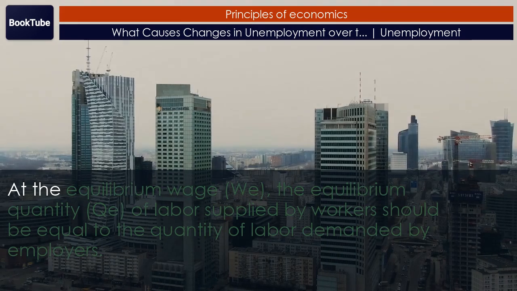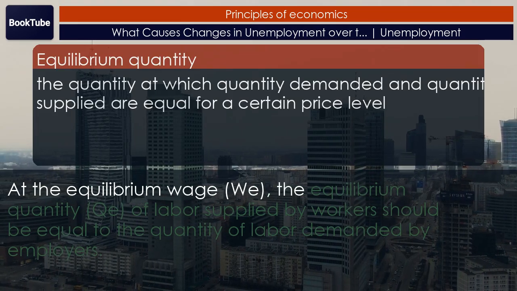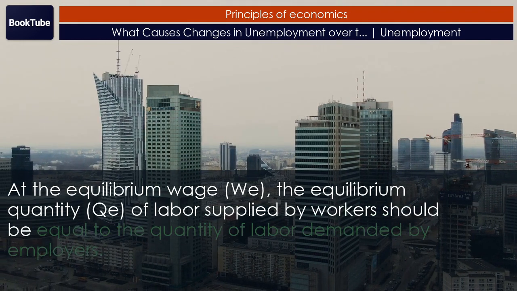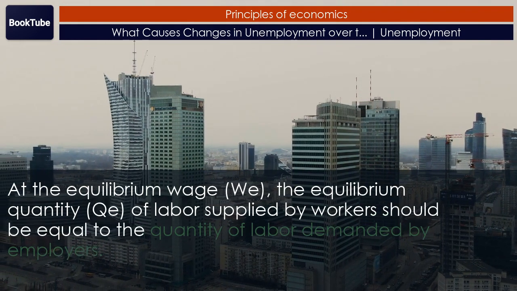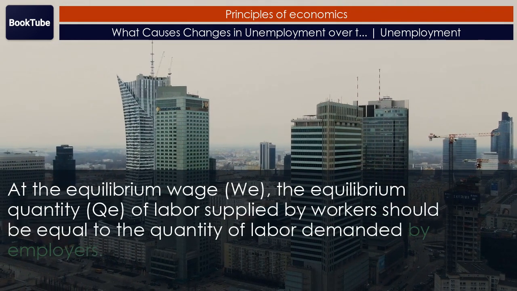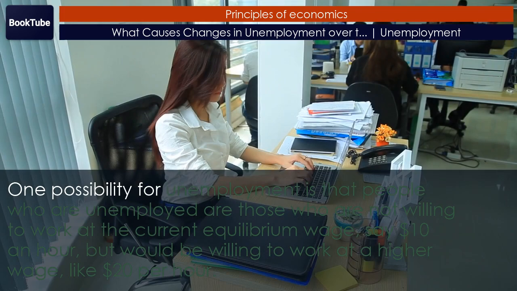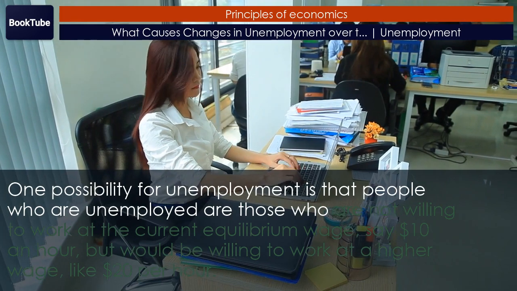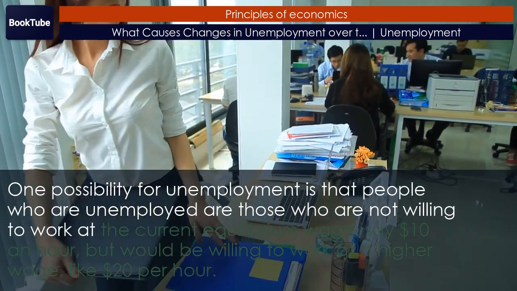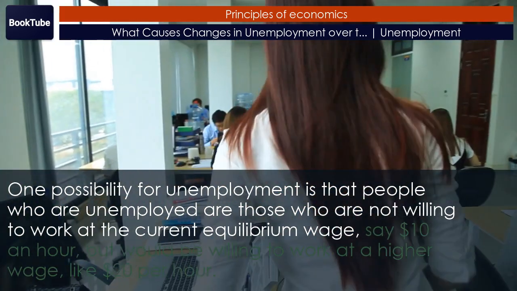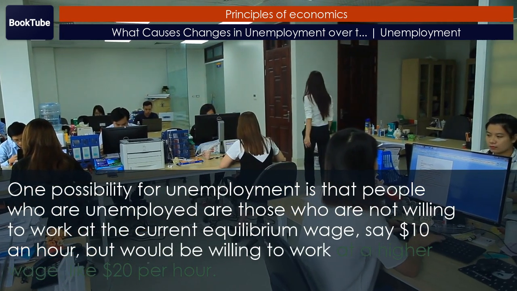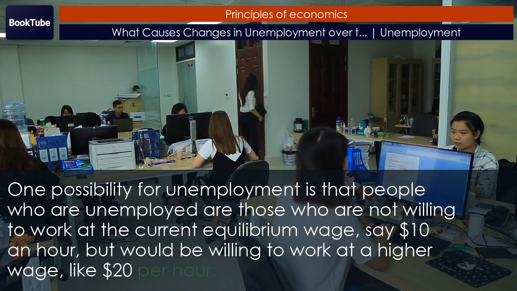At the equilibrium wage, the equilibrium quantity, Q, of labor supplied by workers should be equal to the quantity of labor demanded by employers. One possibility for unemployment is that people who are unemployed are those who are not willing to work at the current equilibrium wage, say $10 an hour, but would be willing to work at a higher wage, like $20 per hour.